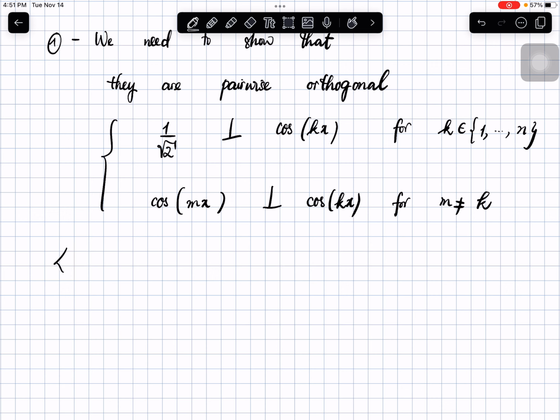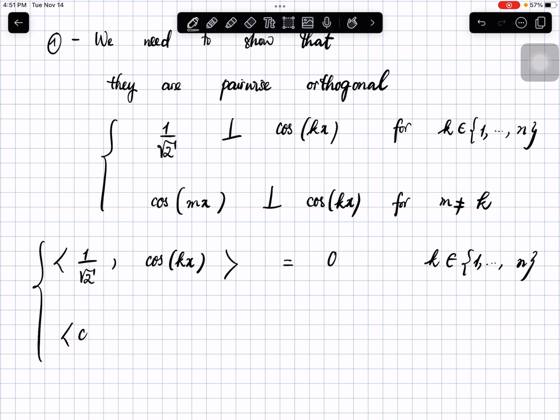So we compute the inner product of 1/√2 with cos kx. We want to show this one is 0, and we also want to show that the inner product of cos mx with cos kx is also 0.